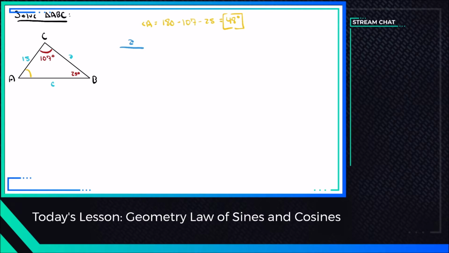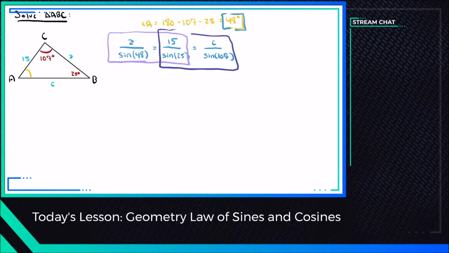So we know that a divided by the sine of angle A, which is right here, 48, is going to be equal to b, which is 15, divided by the sine of B, which is 25, which is equal to c divided by the sine of 107. So now we can set up two different formulas. We have this formula on the left to solve for a, and we have this formula on the right to solve for c.